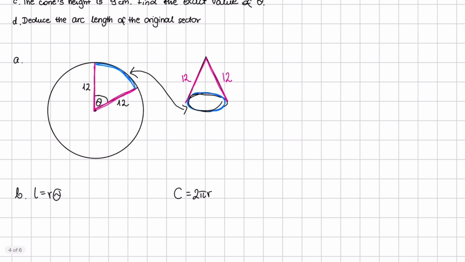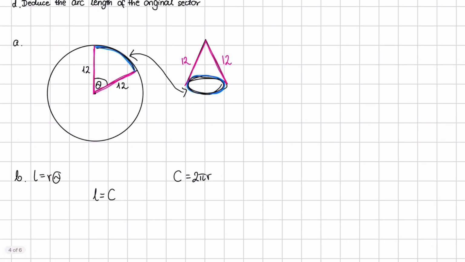And we know that this and this, they are the same. So L is the same as capital letter C. So R, and we know that R is 12, times angle equals 2 pi r. And here we have to be careful because this radius is radius of the base of the cone. So it's no more 12 because this radius is like slant height in our cone.